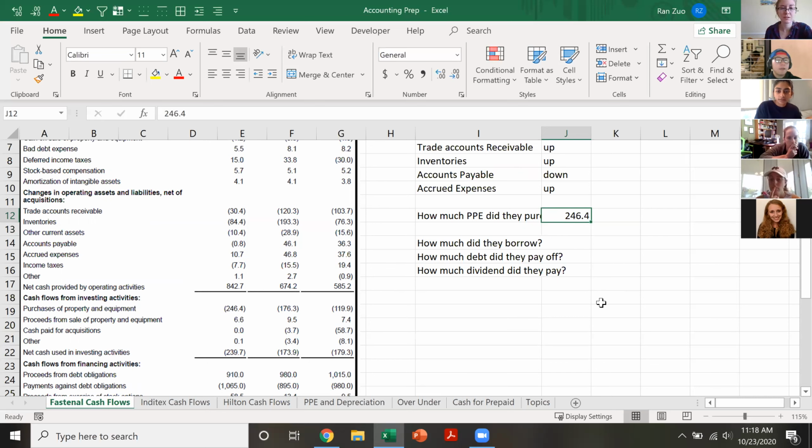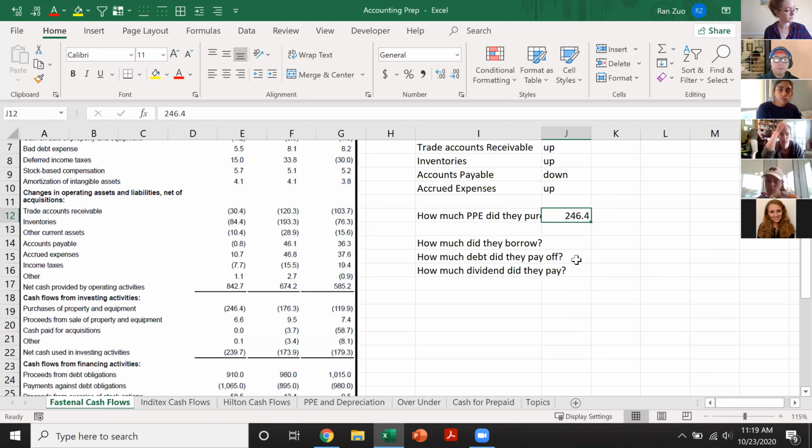Does that mean that's all the equipment they purchased that year? At least that's what they've documented. That's what they paid for in cash, right? So they could have taken on some debt to pay for certain equipment that doesn't get reflected here. So at least that's what they paid for in cash specifically.